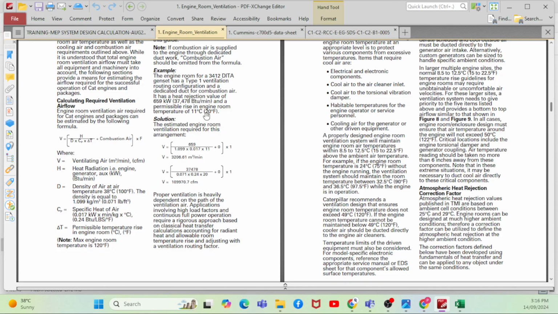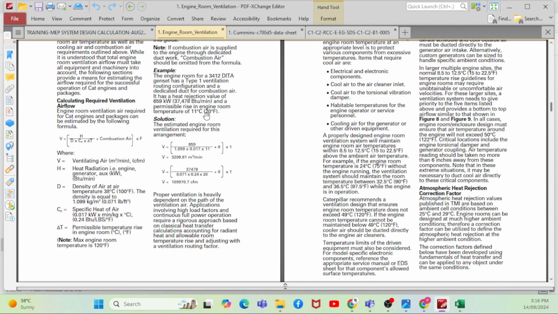But this permissible rise of 11 degrees is only with respect to this example. Based on your experience working in Dubai, for example, our outdoor temperature is 46. Do you take that 46 as your worst case scenario?